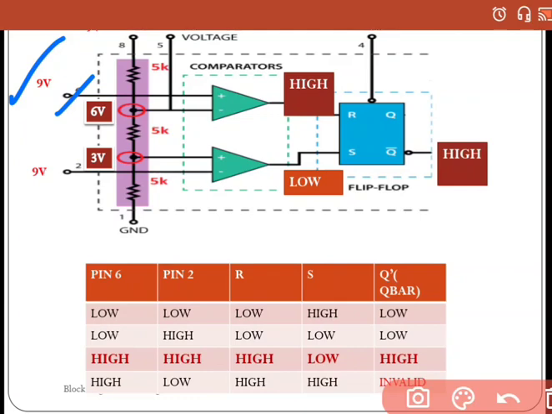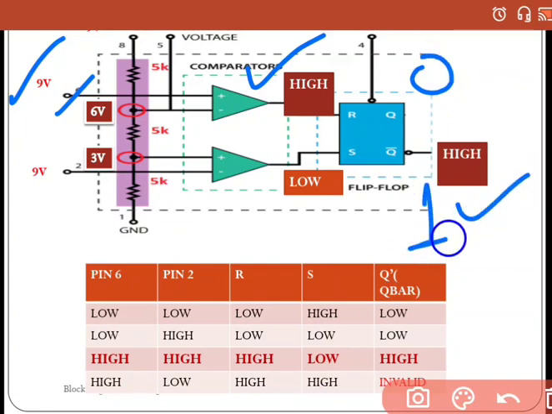So obviously the output of this comparator will be high, and this output of this comparator high means the RS flip-flop will change its state. So RS flip-flop, S equal to low, R equal to 1, that means the Q value will be 0. So obviously Q bar will be 1, that means high. So Q bar will be high.